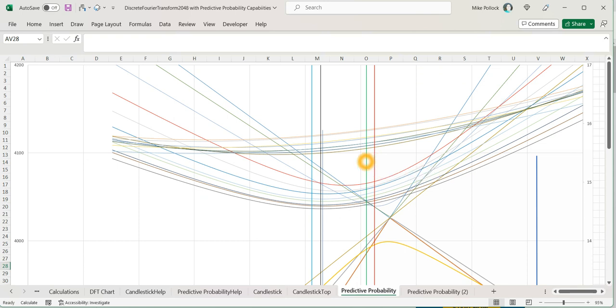Here's the open at 4,005. And then it went down. Let me get these out of the way. That's the close right here. It should say it here in a second. Close. And you can see the close is right at this intersection.